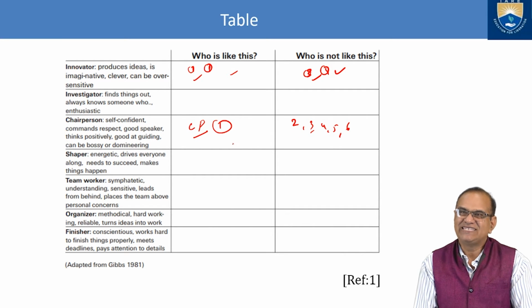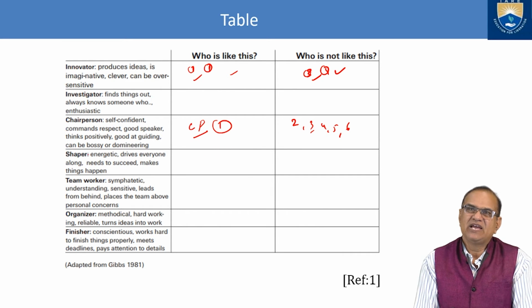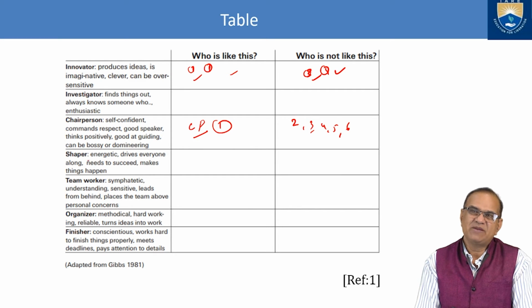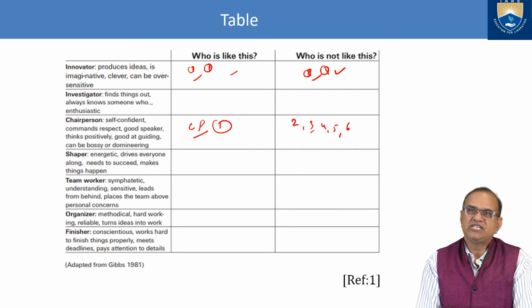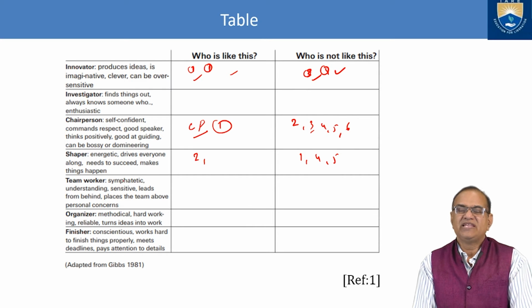Only one will be the chairperson or the leader of your team. Then the shaper. Who is the shaper? The shaper is the person who is energetic, drives everyone along, needs to succeed, makes things happen. Then you decide who is there. 2 is there, 1, 4, 5 is not there. Then team worker.